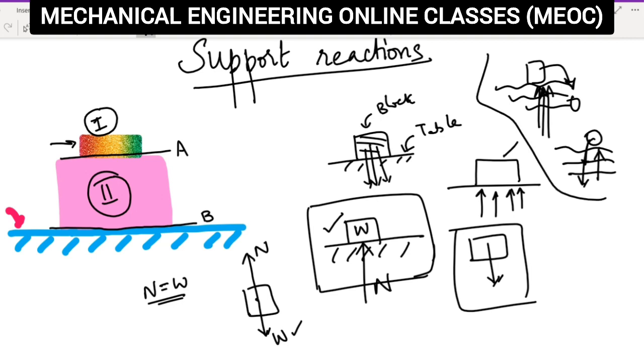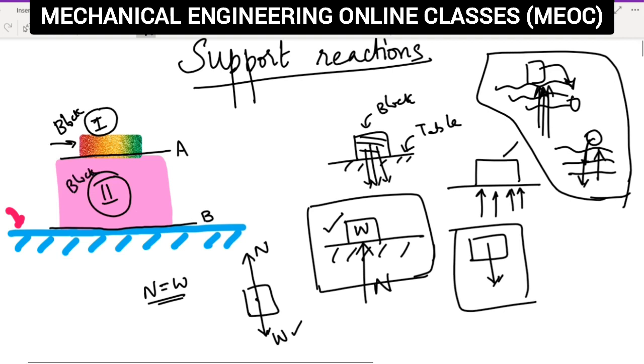So in this particular case of a stone in water, water is not called a support, because it is not supporting the object. The object is going into the water. But here this particular block 1 is supported on block 2, and this block 2 is supported by this table surface. So these are the supports, and we have to learn different types of supports and what reactions could be.